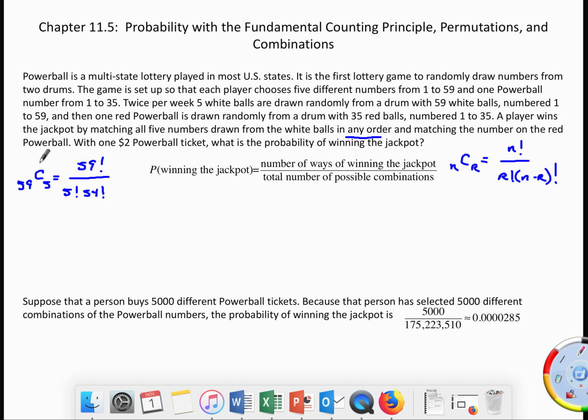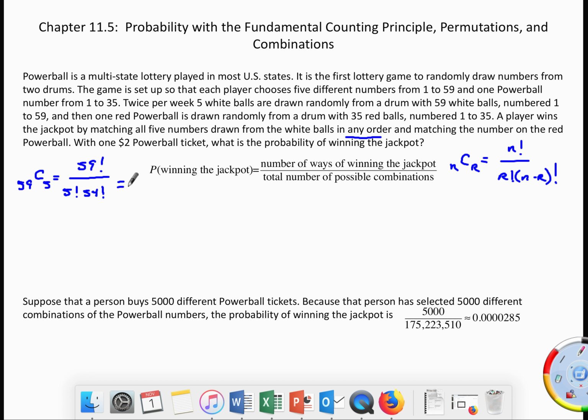Or we just have this button on our calculator. So let me pull out my calculator here and see what this is. Okay, 59 combinations taken 5 at a time.